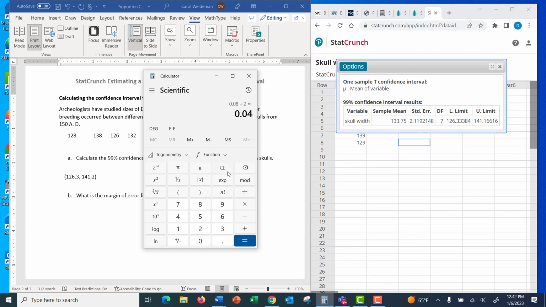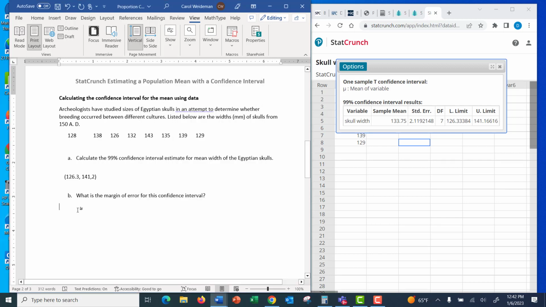Take my upper bound minus my lower bound and divide by 2. So I've got 141.2 minus 126.3 and divide by 2. And I got a margin of error of 7.45 for this interval. Notice this is a very small sample size, so we're not surprised that we have a margin of error which is fairly large.